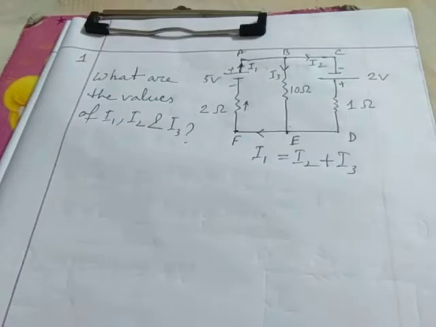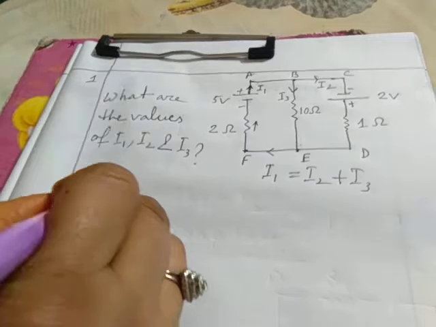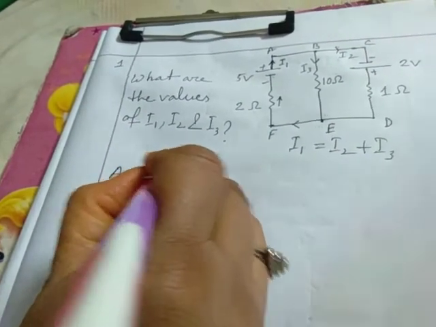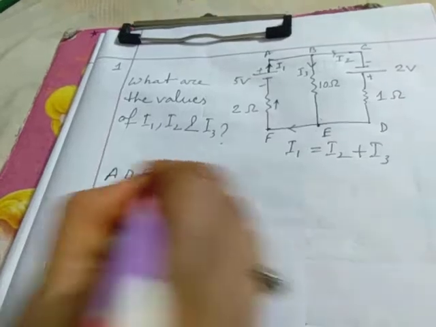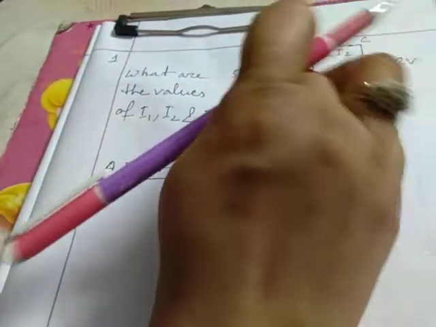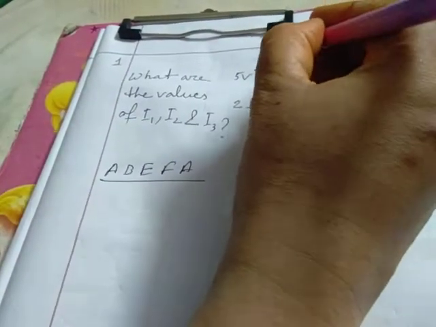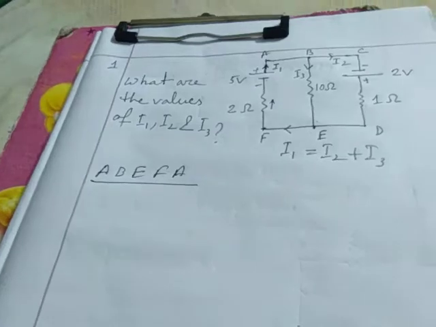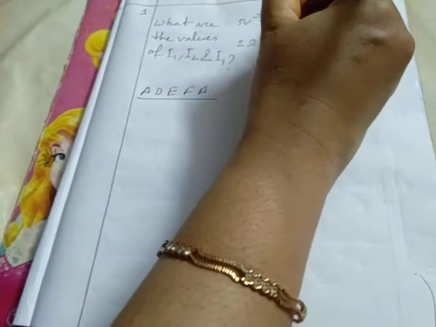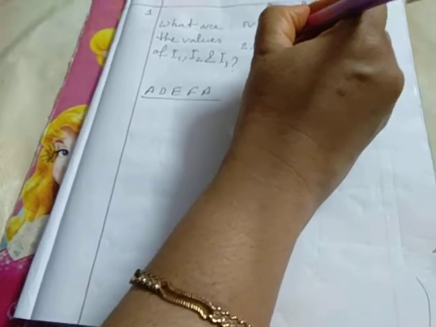So now in the loop A, B, E, F, A, you start from point A and you are moving clockwise.